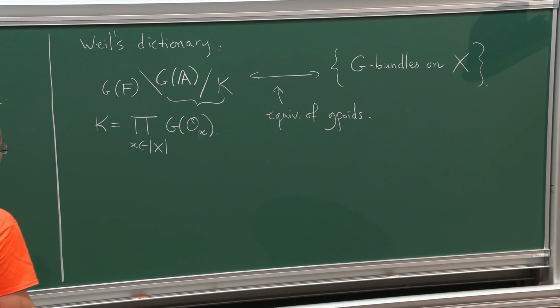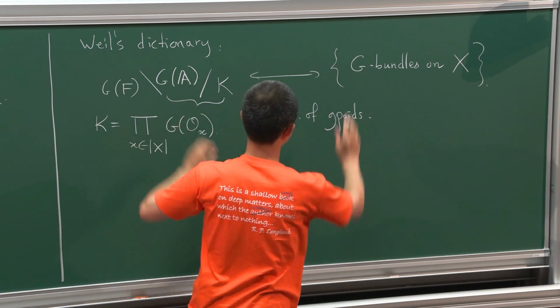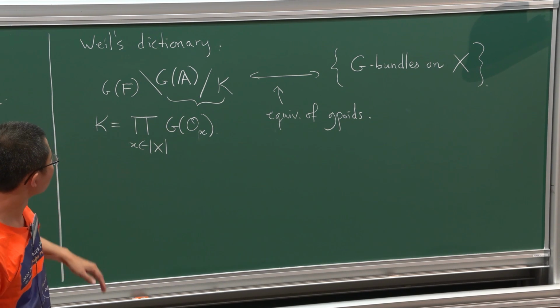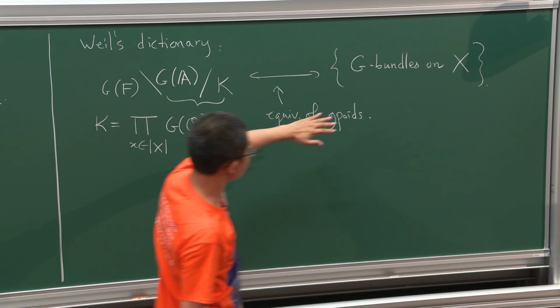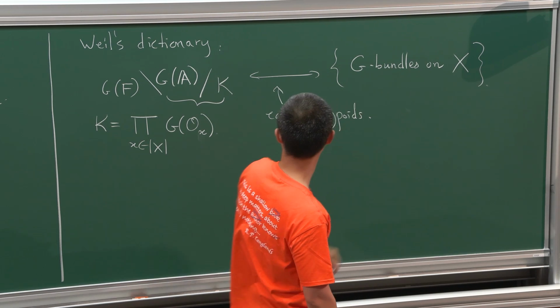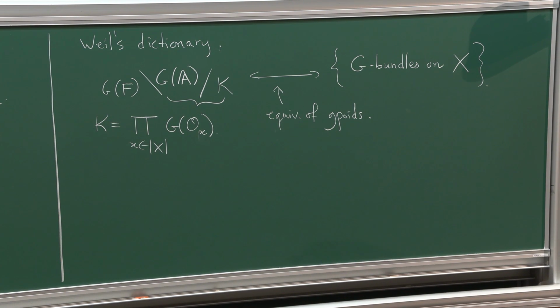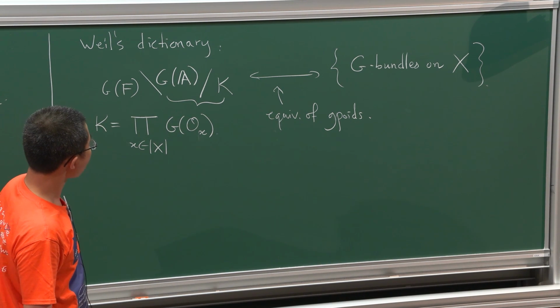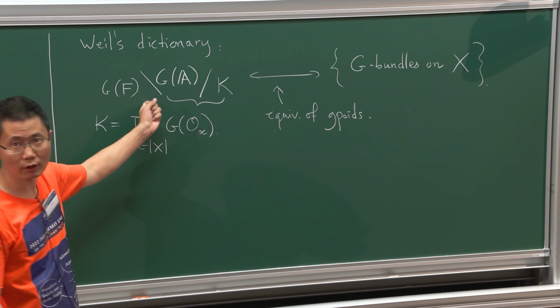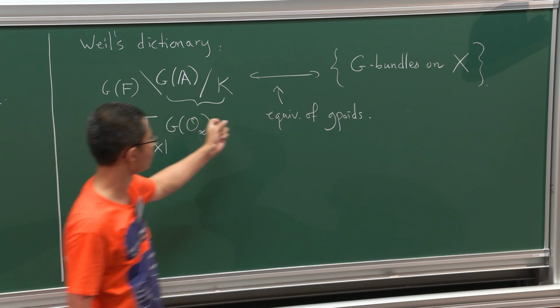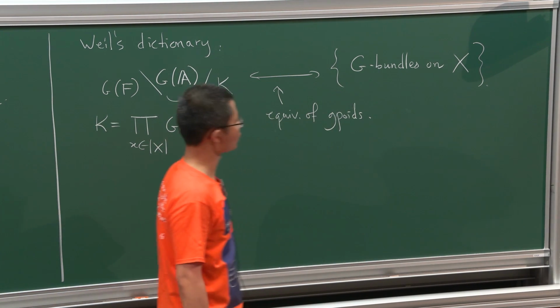Here I'm using that G is split. This statement is extremely clean. In general, the right-hand side is slightly bigger than the left-hand side, but let's not worry about it now. So when we study functions on this double coset, we can naturally interpret them as functions on G-bundles.